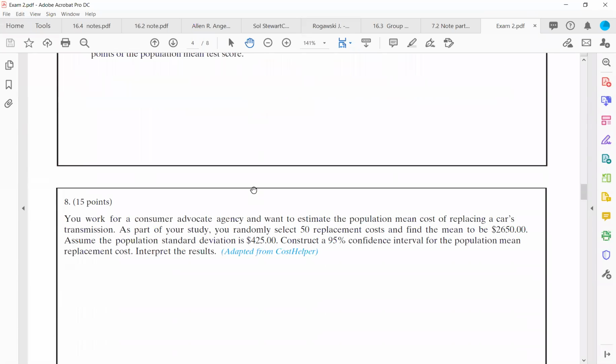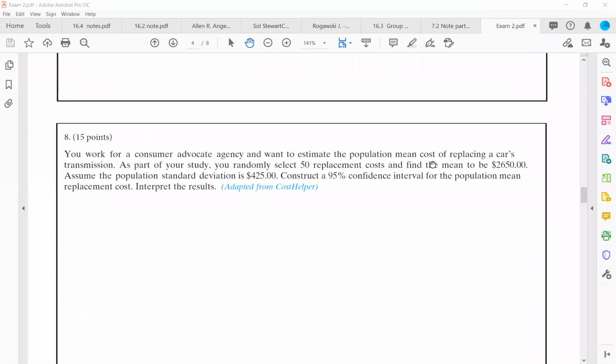So question 8 says, you work for a consumer advocate agency and want to estimate the population mean cost of replacing a car's transmission, as part of your study. You randomly select 50 replacement costs and find the mean. Okay, here we go. This is question 8. Let's write down the information here.